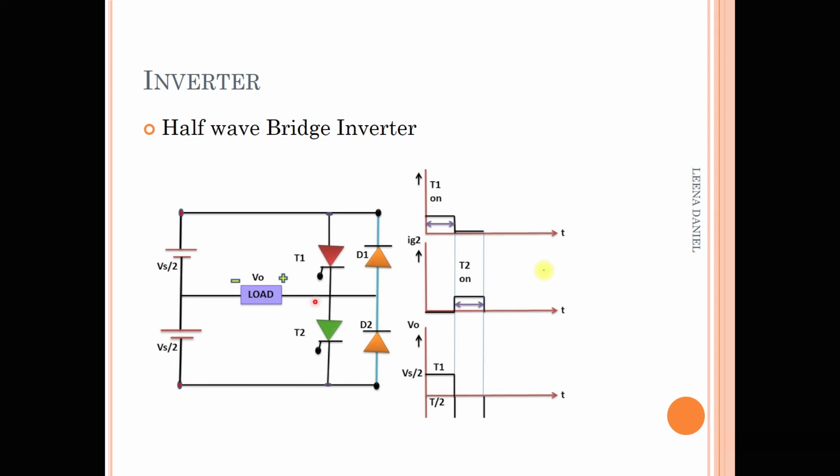In many industrial applications we actually use both kinds of inverters. Inverters can be a forced commutated inverter or a line commutated inverter. If we use line commutation, means with the supply line we commutate the thyristors, that is called the line commutated inverter.